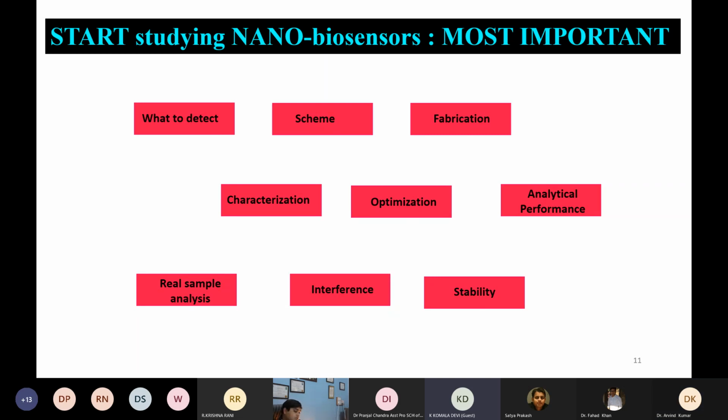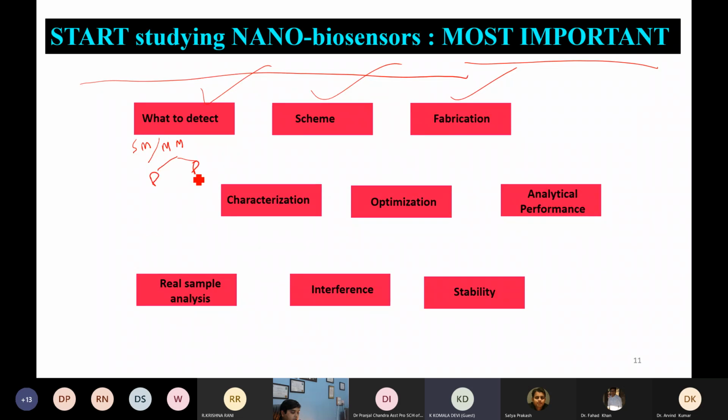All right. So if you start studying the sensor, the most important are these boxes. Without these boxes, we cannot even imagine how the sensor can be fabricated. First is what to detect. When I say what to detect, it's a small molecule, or a macromolecule. In macromolecule, that could be many things: DNA, RNA, protein.